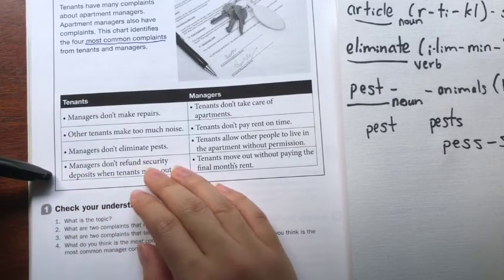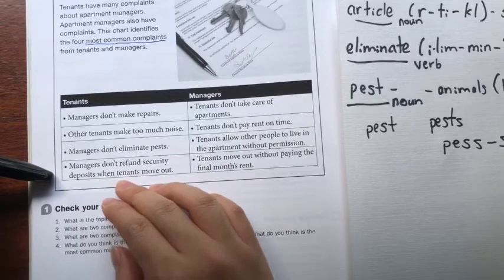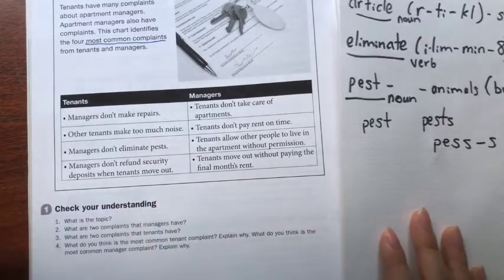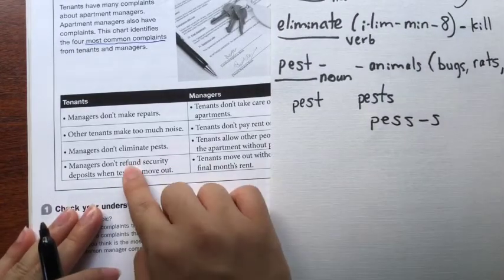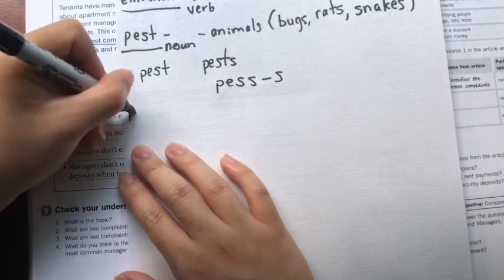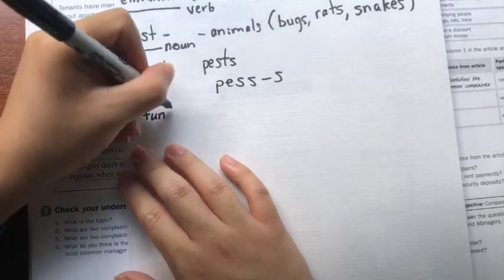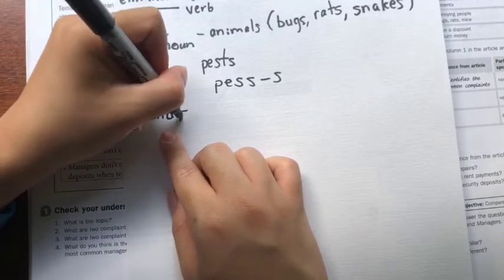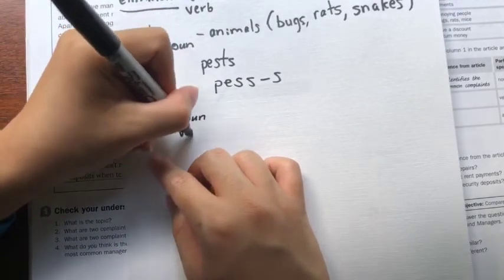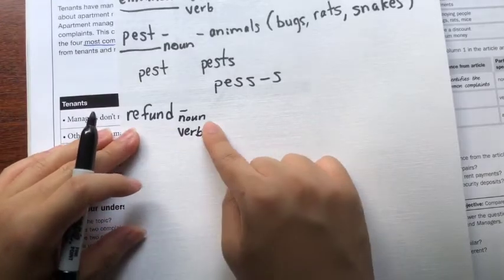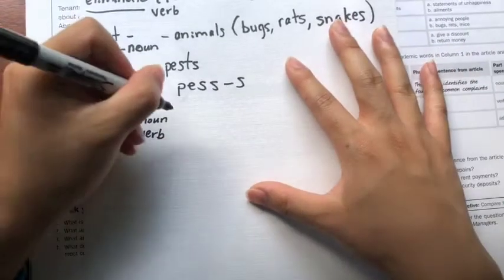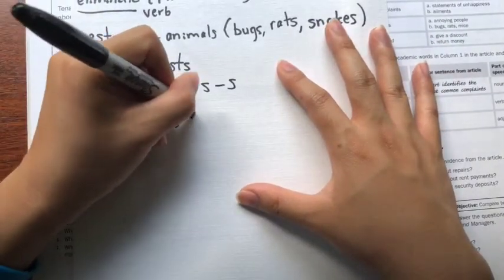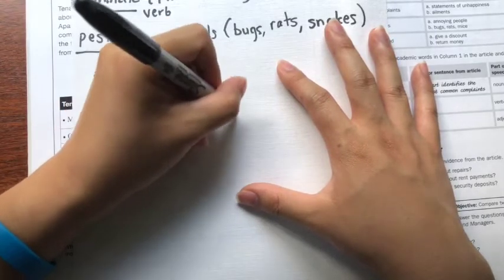Managers don't refund security deposits when tenants move out. Let's start with refund. Refund is a noun and a verb. You can use the word refund as a noun or a verb. What does it mean? It means give back money.